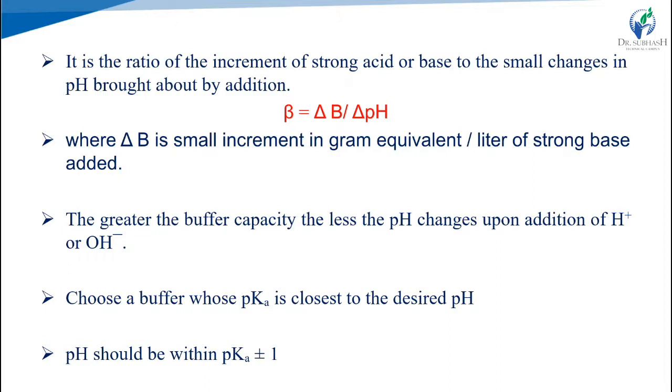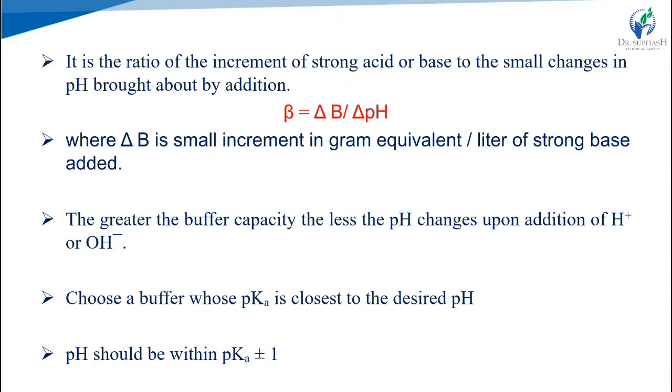Therefore, the lower the pH change when acid or base is added, the greater the buffer capacity, and vice versa. So the greater the buffer capacity, the less the pH changes upon addition of H+ or OH-. So choose a buffer whose pK is close to the desired pH.